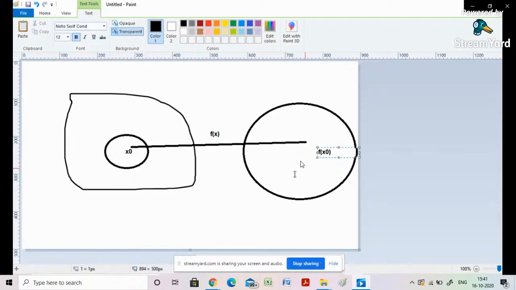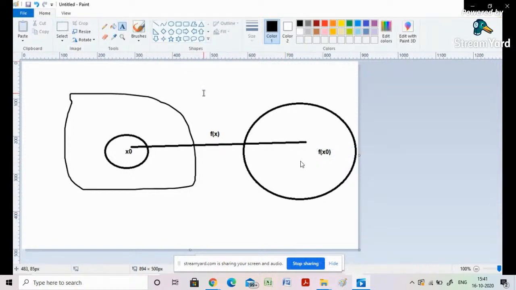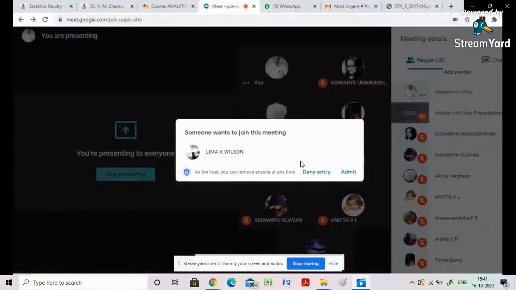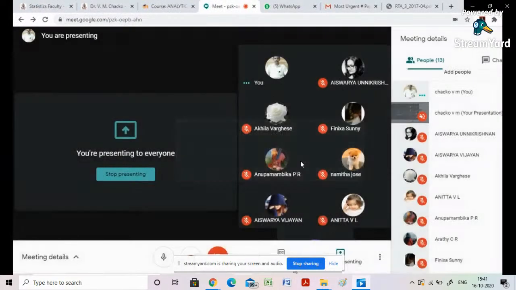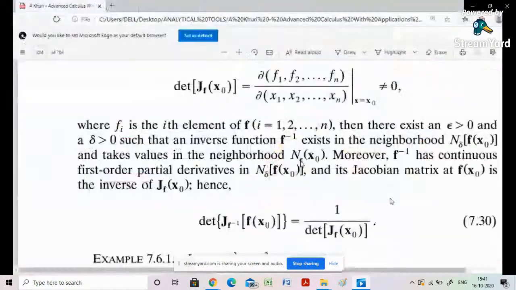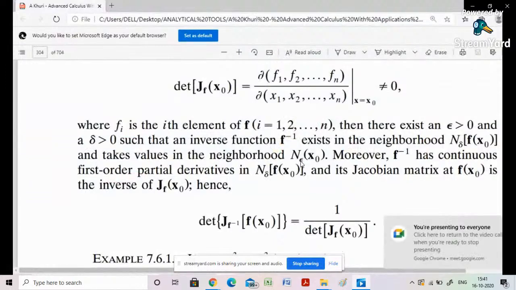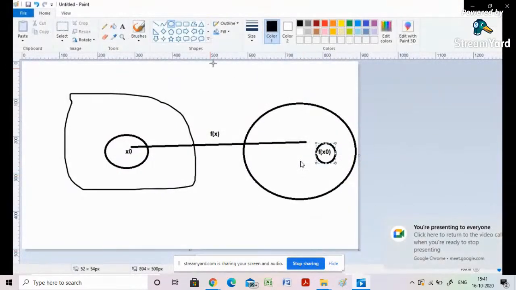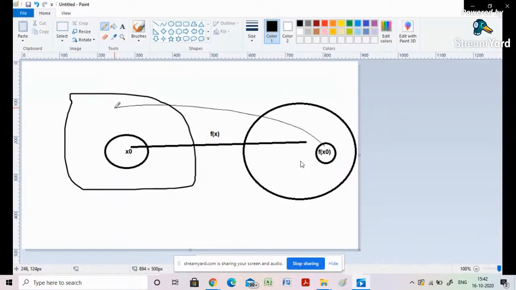Around this f of x naught we can find a neighborhood. From this neighborhood you can draw an inverse function.